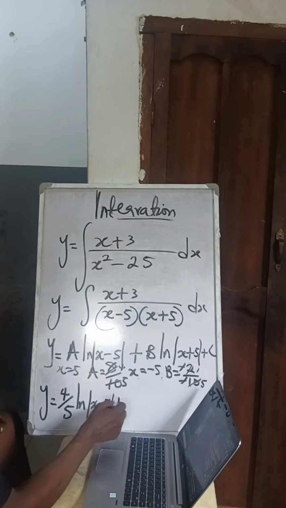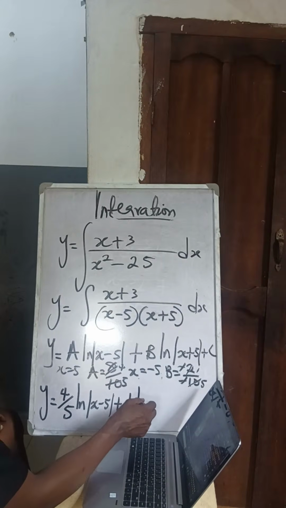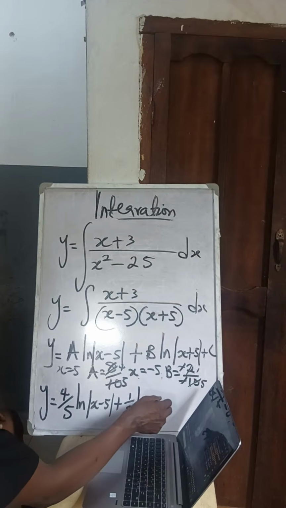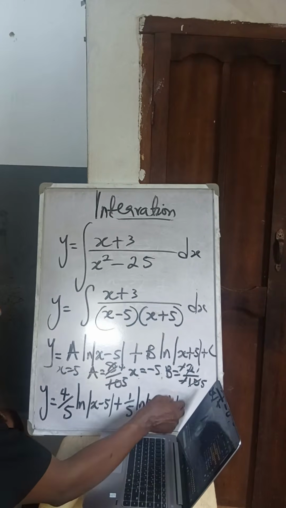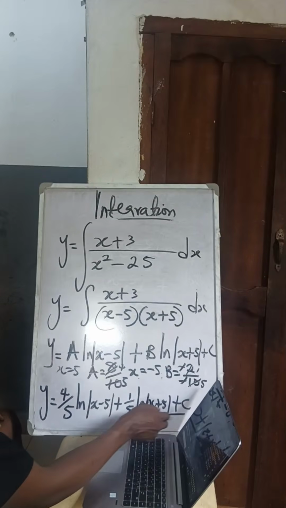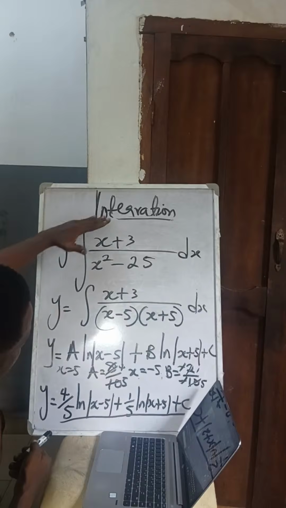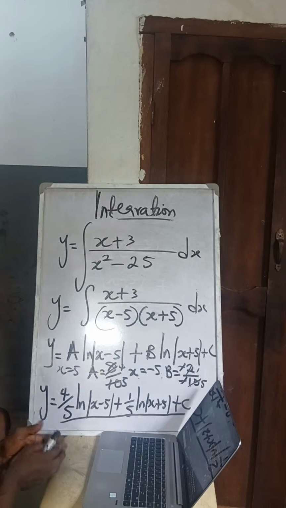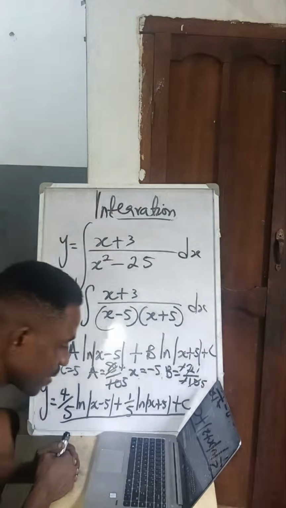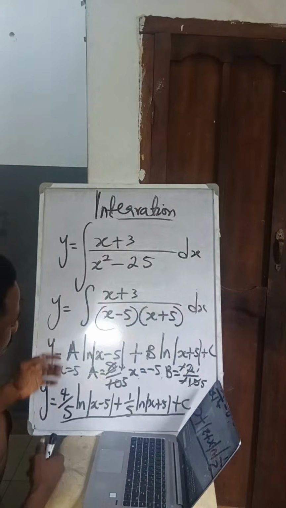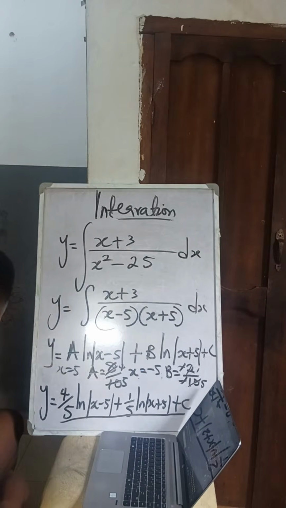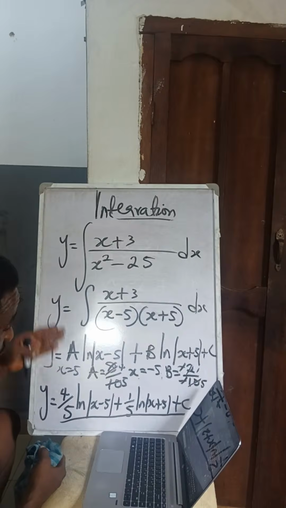It will be plus 1 over 5 in (x plus 5), plus c. So this is your final solution. When you have this type of question, you get your answer like this without stress. This is a shortcut by Blendo.